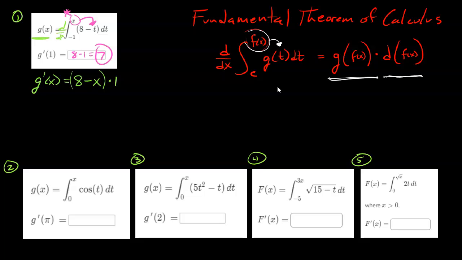We are asked to find f prime of x, so that specifically means to find the derivative of this. The derivative and the integral symbol cancel each other out, but because there was a function there, I'm going to put that in place of the variable there. So my answer would be square root of 15 minus 3x.